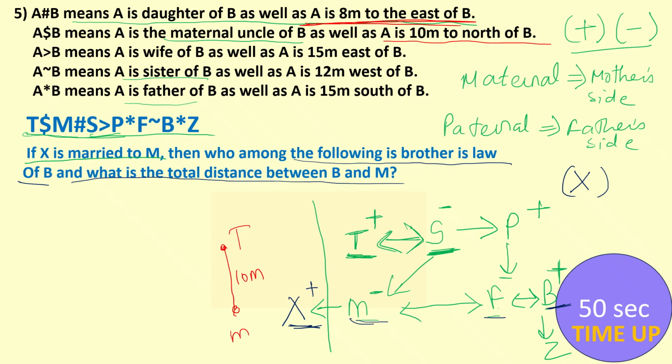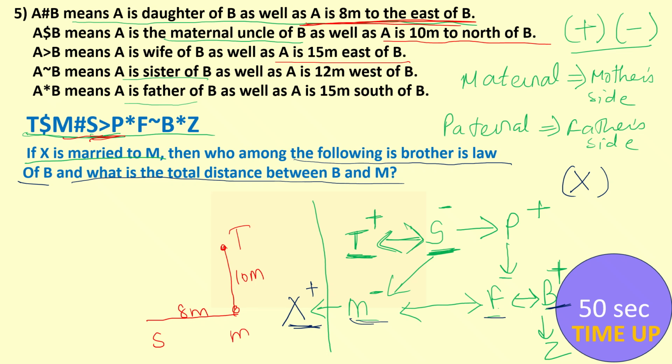Next what they have given, M hash S. M is east of S, correct? So M is east of S by 8 meter. Next what they have given, S greater than P. S greater than P means S is east of P by 15 meter.